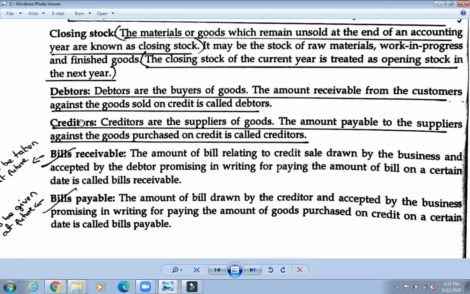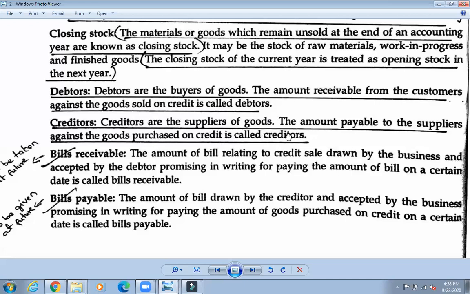I am giving to you on credit, the one I gave. So creditors are the suppliers. They are the amount payable to the suppliers against the goods purchased on credit. That is called creditor.